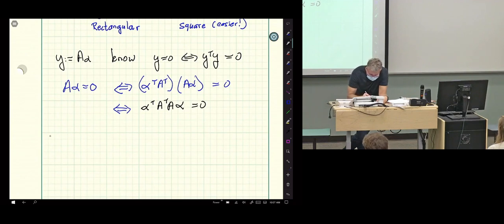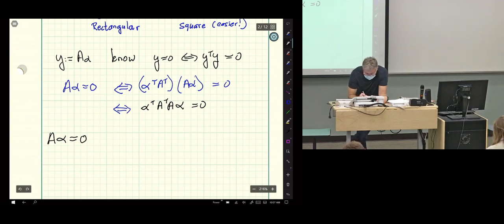Well, suppose A alpha is equal to 0. If something is 0 and I multiply it by anything over here, I'm going to get 0 again. Okay, so that implies that A transpose A alpha is equal to 0.